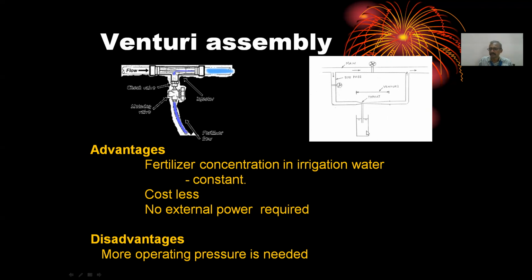So if you place your fertilizer mixed water here, the atmosphere will give pressure over it, and this will cause the fertilizer solution to get mixed with your irrigation water and pass through the irrigation system. This is the way it functions. It's a nice accessory used for fertilizer injection in drip irrigation systems.